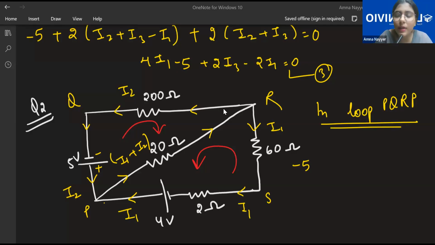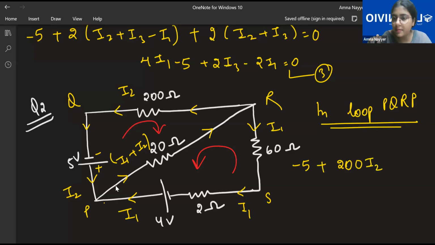So for opposite, what do we write, plus or minus? Check the notes: along and opposite. Positive, because we are moving like this. So now current is I2, resistance is 200, so it will be 200 I2.